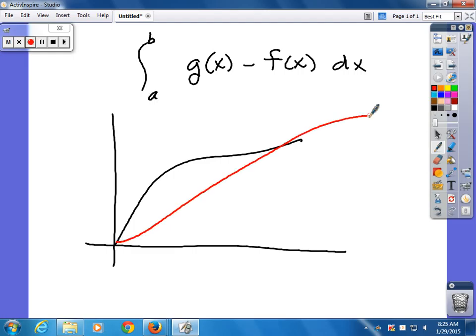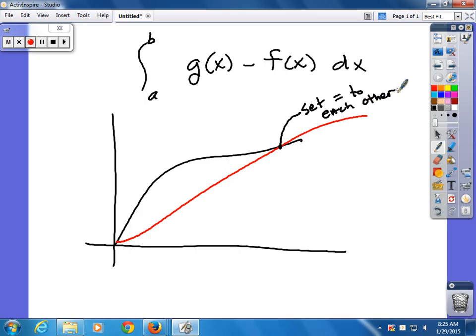Like that. Now, of course, if you want to find out where they intersect, what do you do? Set them equal to each other. So, to find this point, set equal to each other.